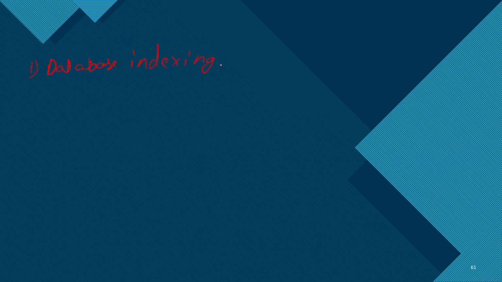It means hash tables are used in databases to quickly find records based on a unique identifier, like an employee ID or product ID. The second one is caching. It means hash tables store recently accessed data in memory, improving the performance of the application by reducing the need to fetch the same data multiple times. And the last one is unique data check.